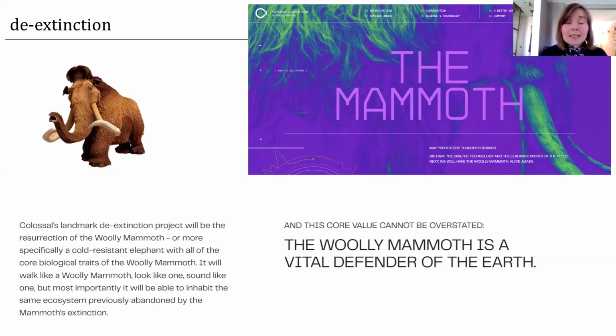But technically it is not that easy, and ethically it is very problematic, because we cannot predict how introducing a completely new species to the environment can change the ecosystem. So it sounds nice, but now we don't have any extinct animals coming back to us, and probably it will not happen in the nearest future.